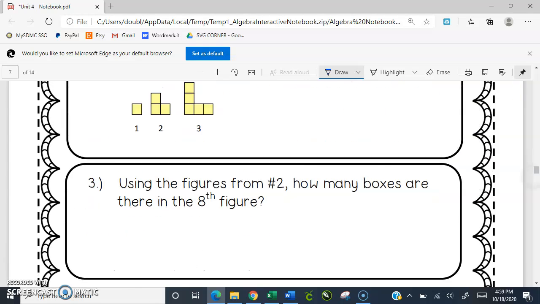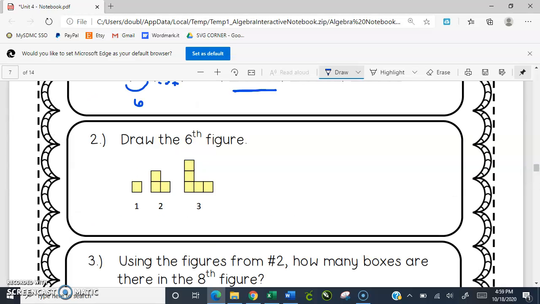All right, so let's move up to our block figure, and they want us to draw the figures up to the sixth figure. We have our first three figures, and as you can see, we started with 1 here. Now we're at 3, then we're at 5.